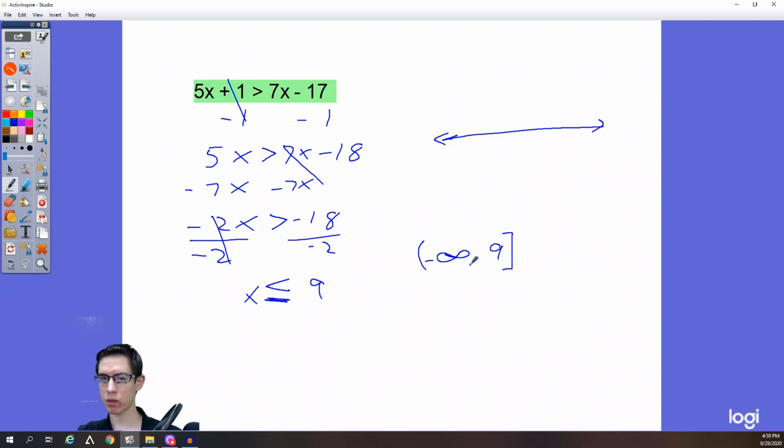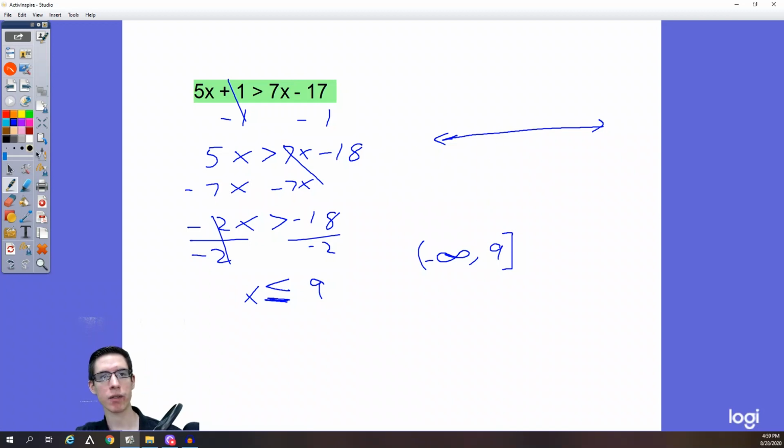And I know this is true because I'm including 9, so I get the bracket, and x has got to be smaller than 9, so I've got to start with negative infinity. I've got to start in that general direction, in the left direction, and I'm going to stop at 9.